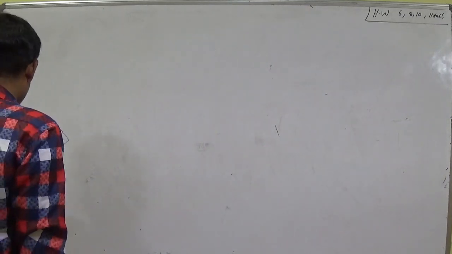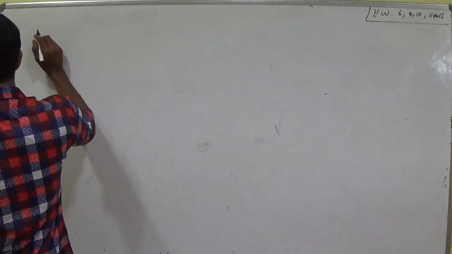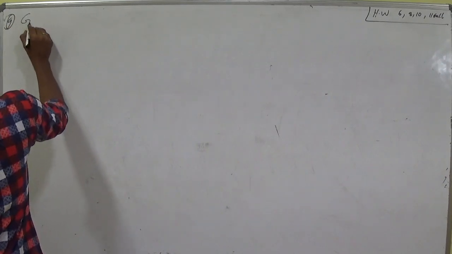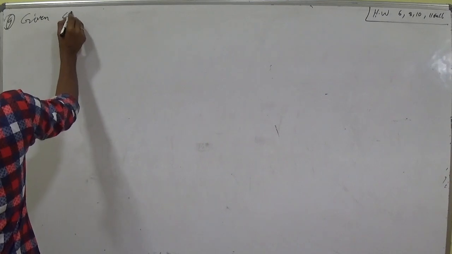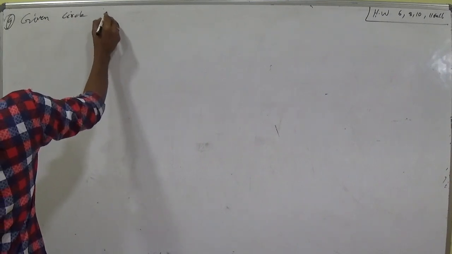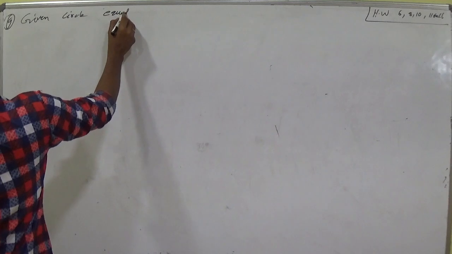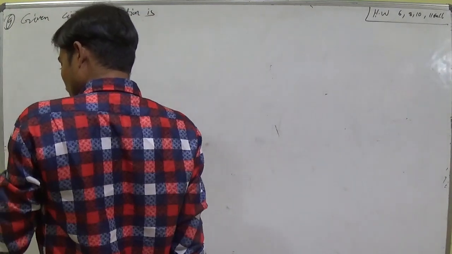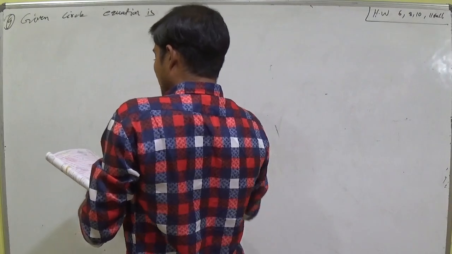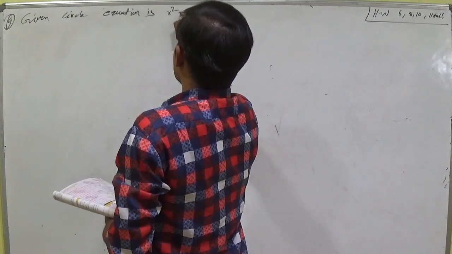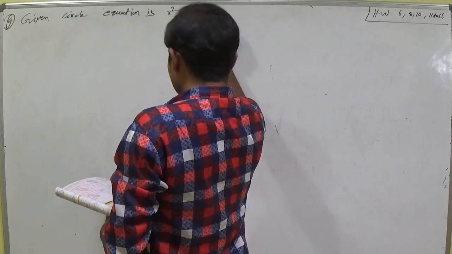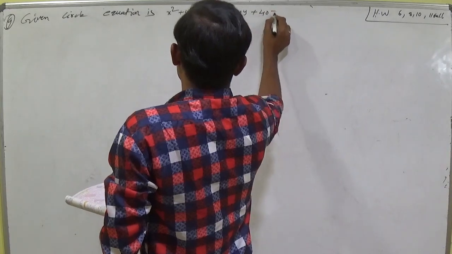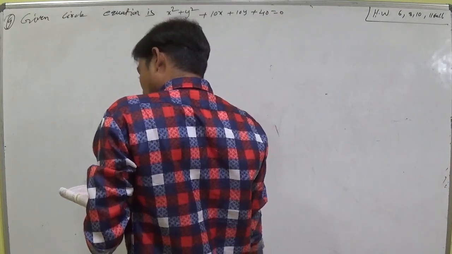So, the given circle equation, the ninth one, is x square plus y square plus 10x plus 10y plus 40 equal to 0.